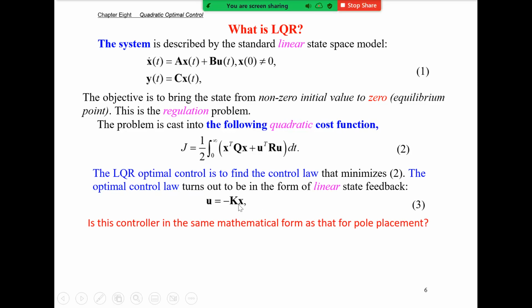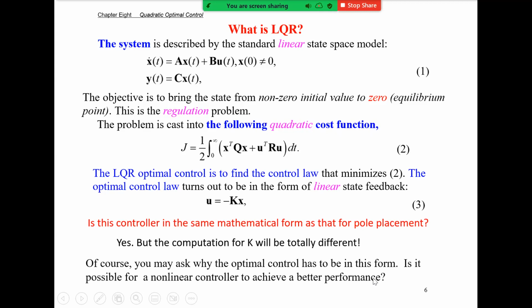Yes, right? It's just a kind of proportional control, in some sense just a gain matrix times the state vector. The only difference will be how we compute this gain matrix.